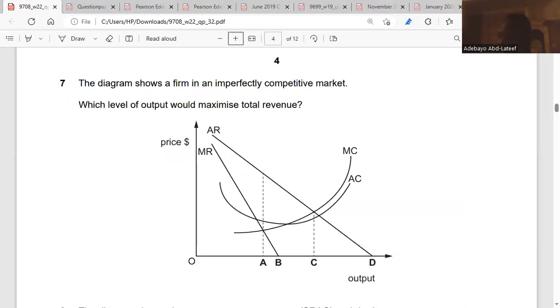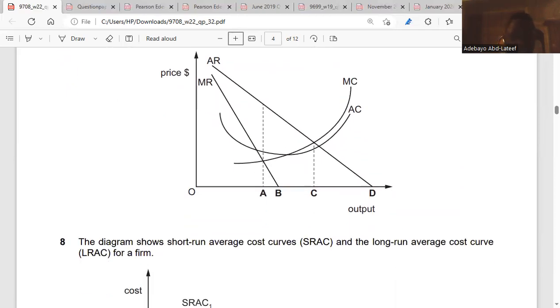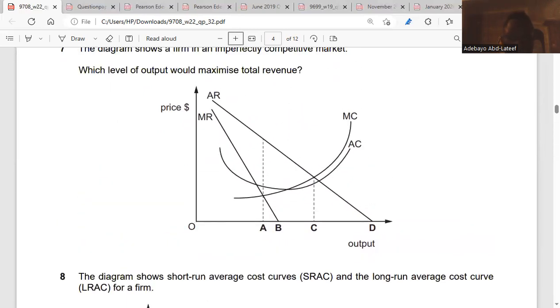Where your MC equals your AR. C? No, MC equals AR at B.